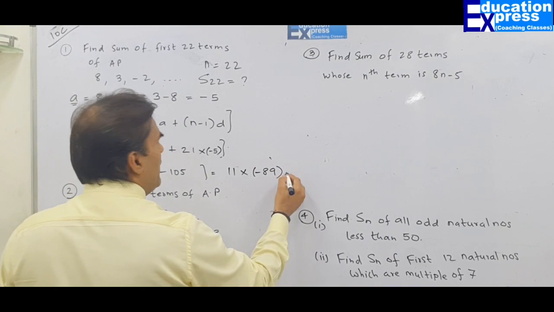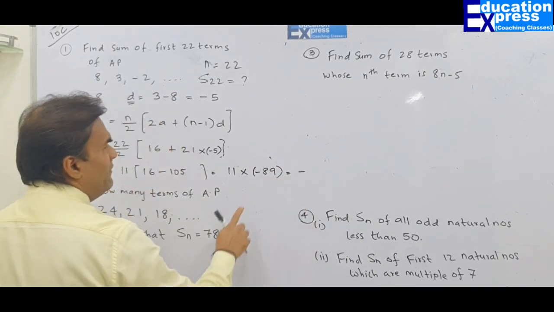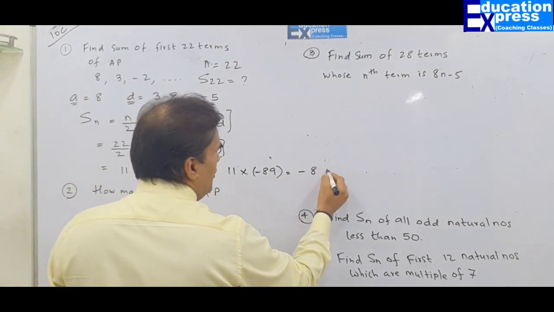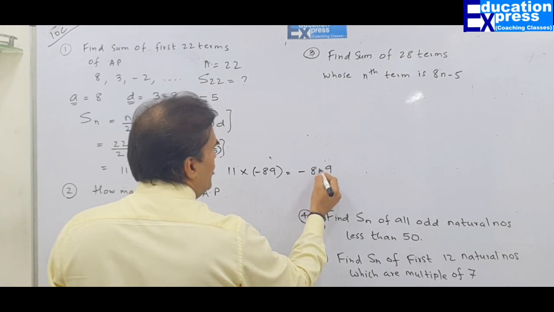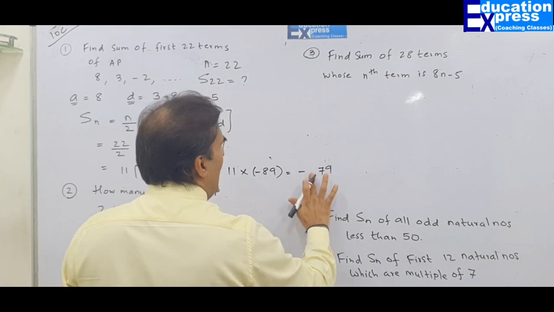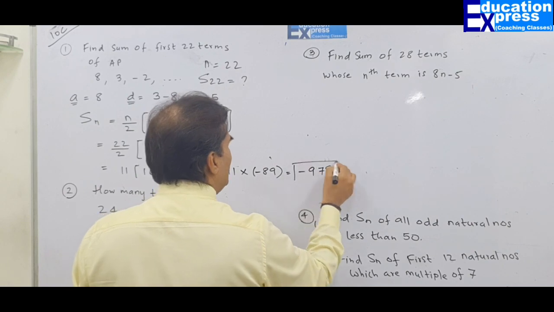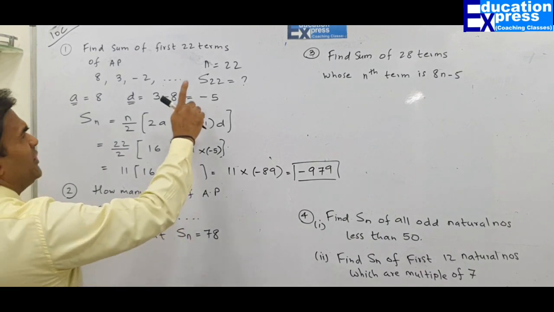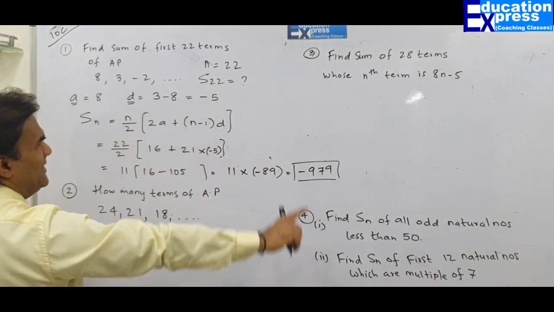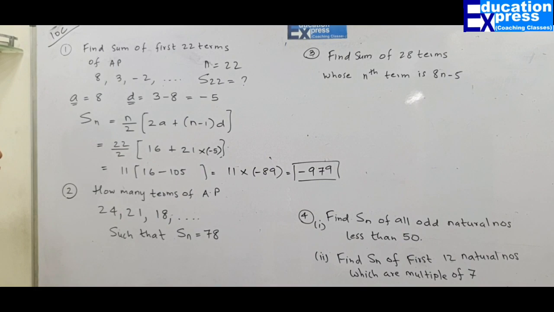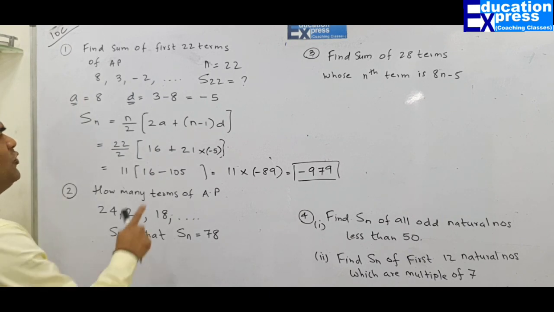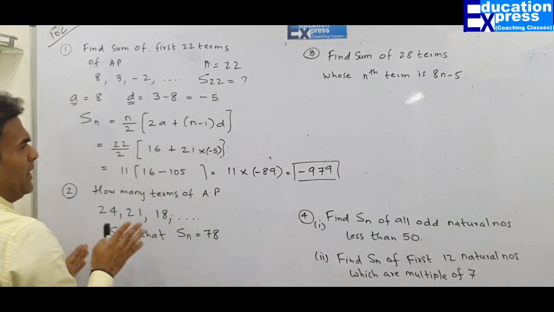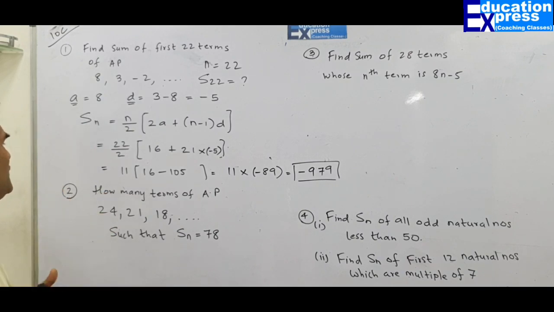Now we need to multiply this to find the sum, and the sum will result in negative: minus 979 will be the total of the first 22 terms of the given series. So my dear friends, it was quite usual. The only thing is that you have to apply the formula with lots of discipline so that you don't make a mistake in any multiplication or addition.